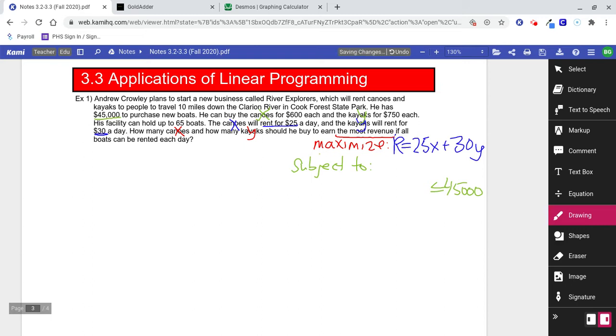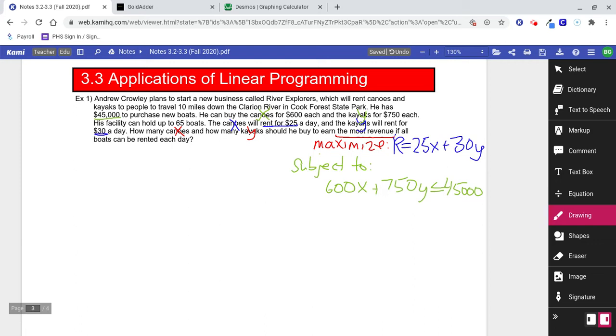All of those numbers are talking about buying new boats. Okay, so $600 for canoes, 600X. And 750 for the kayaks, that's plus 750y. That's one of my constraints, okay? That's one of my inequalities.